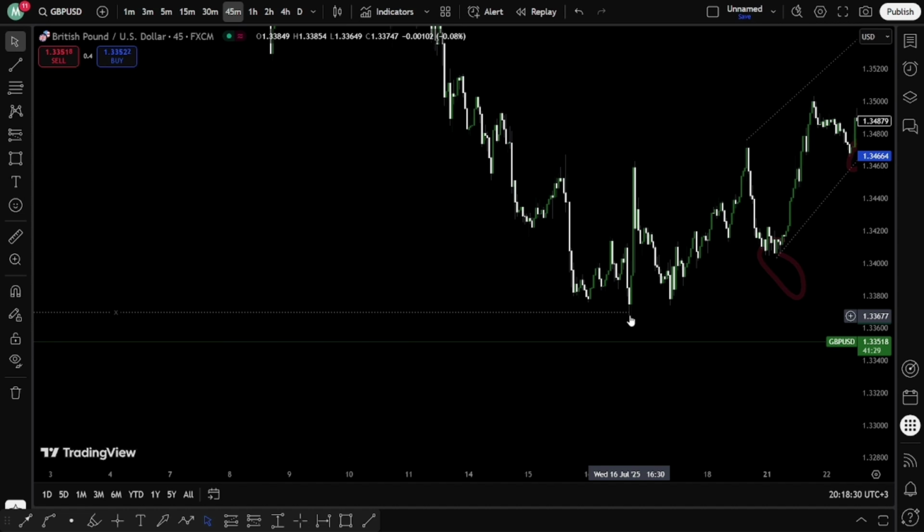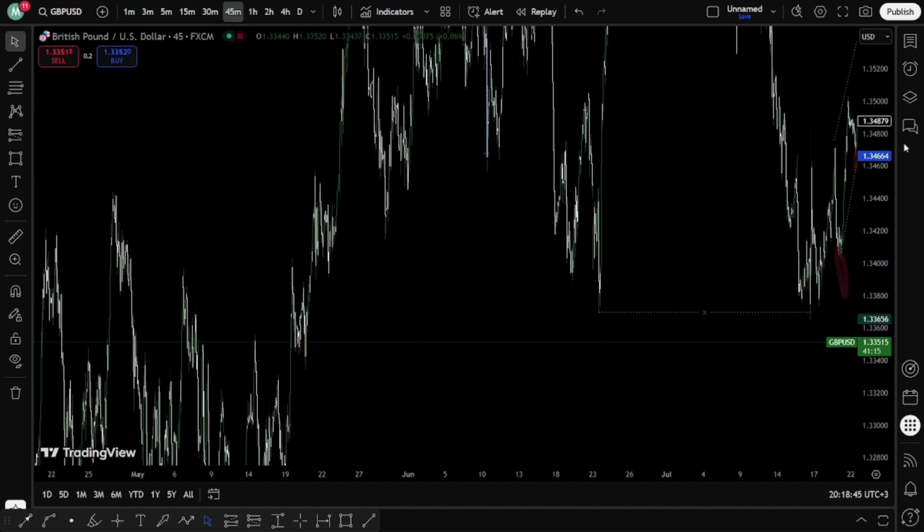But the market could do this intentionally so that you miss the trade or you make a mistake. You get it? This is all manipulation. So for me, I considered it a valid change of character. Why?